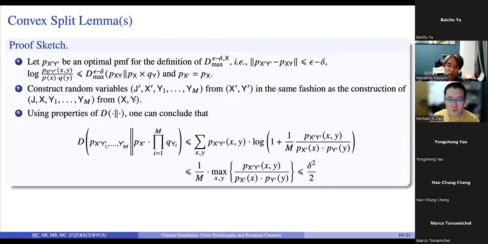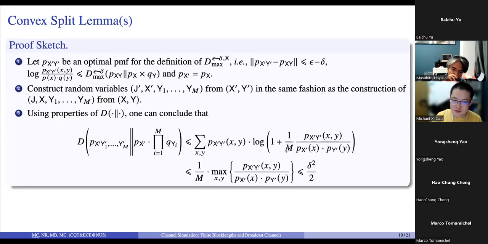Okay, so we can construct random variables J and X' and all these Y's from this X' and Y', as illustrated on the previous page. Using the property of the information divergence, you can simply write out that the KL divergence between this constructed random variable without J and the situation that all these Y's are independent is smaller or equal to this one.